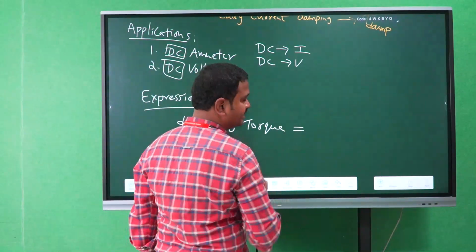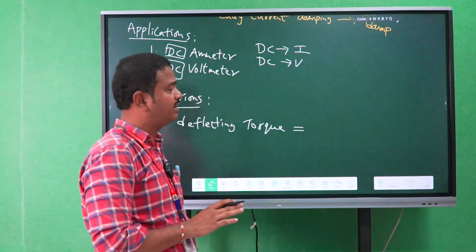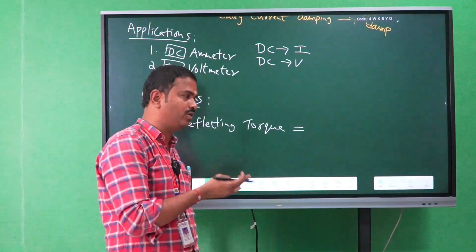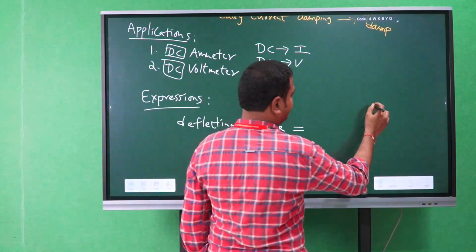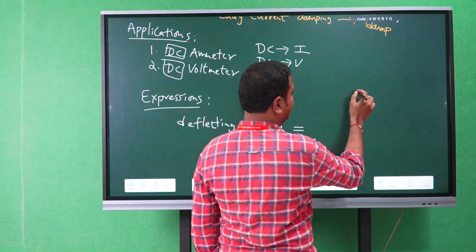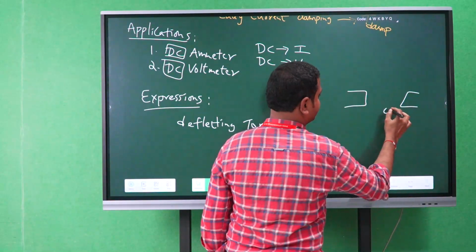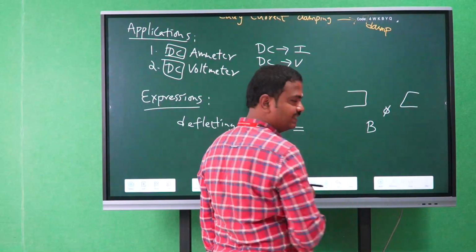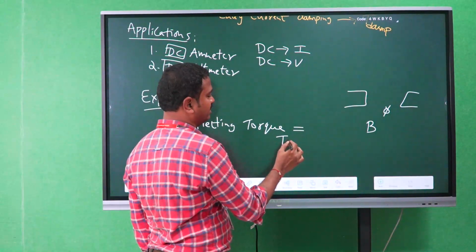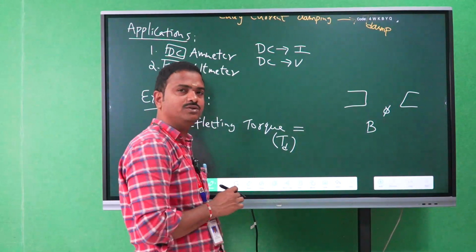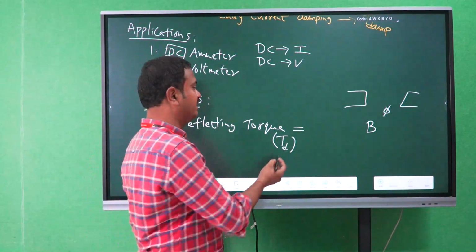So deflecting system is similar to DC motor system, right? We are using permanent magnets, moving coil and a current, input current, right? So depends on that. Permanent magnets produces flux, that means flux density.